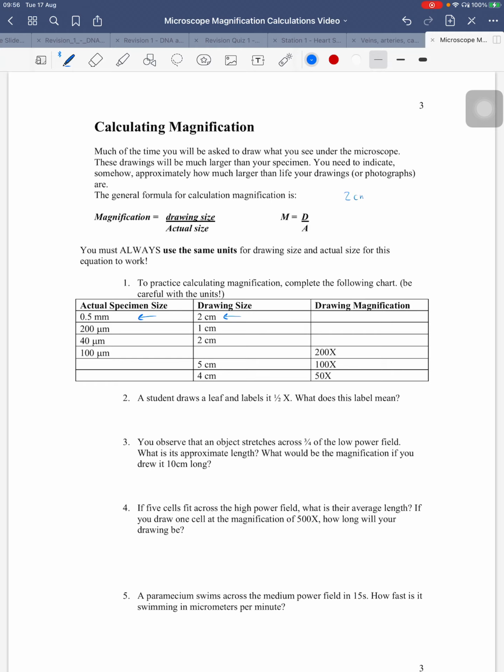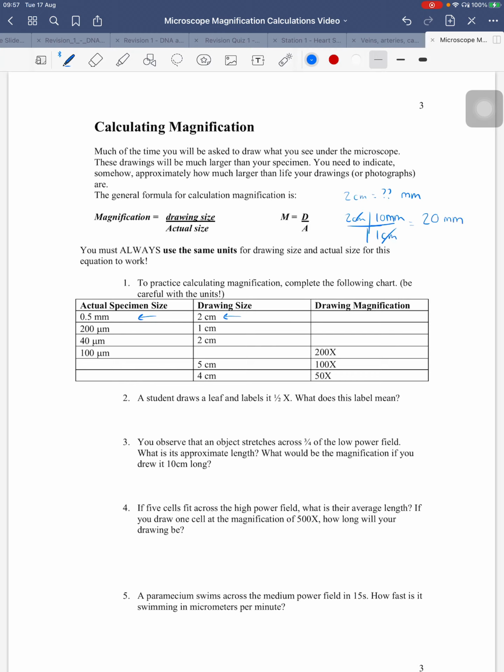So we want to do 2 centimeters. We want to know what that is in millimeters. We know that in 1 centimeter, there are 10 millimeters. If those cancel out, we're left with 20 millimeters.